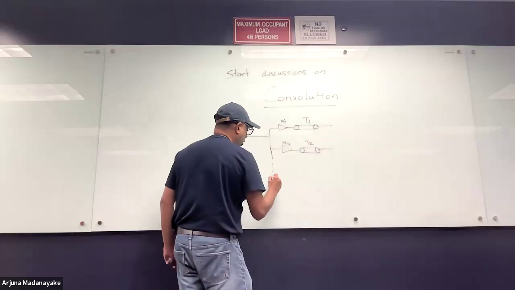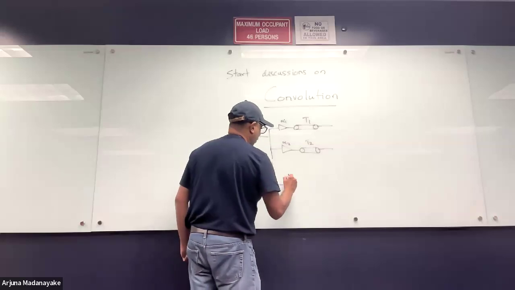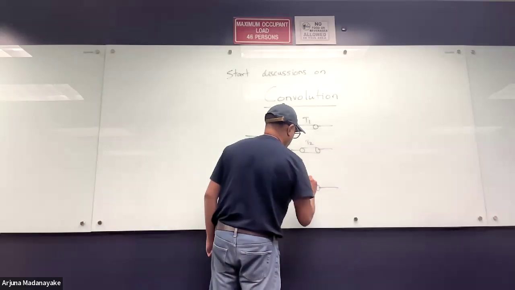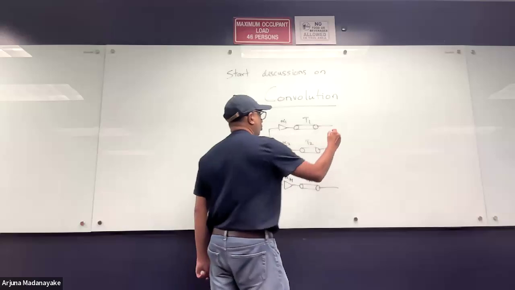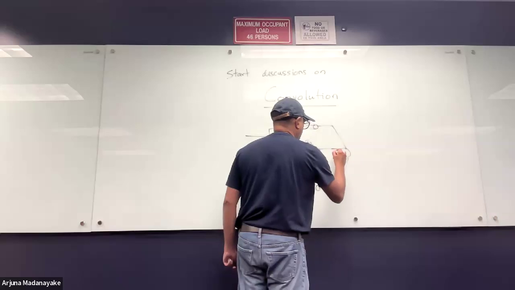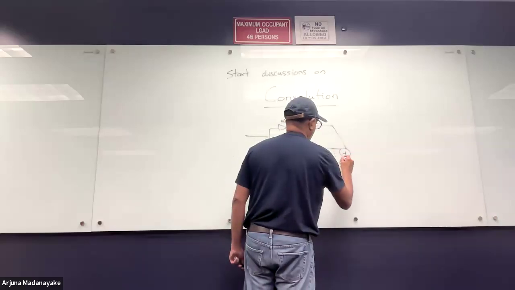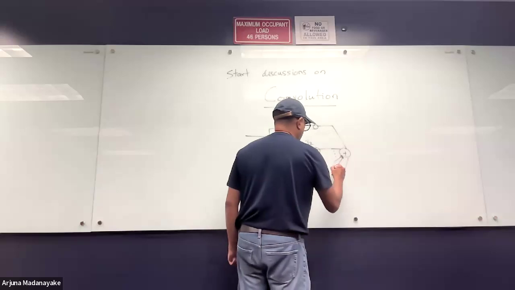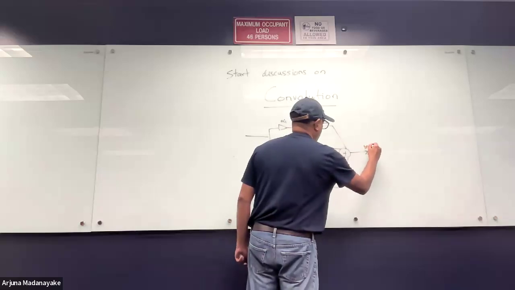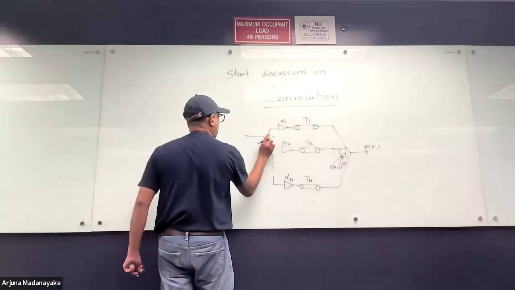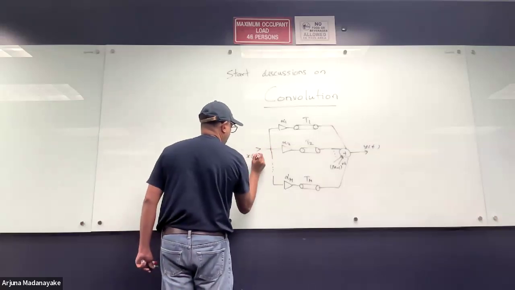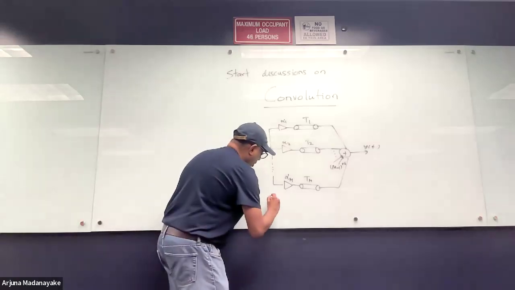And so on and so forth. It has m branches, alpha m, delay Tm. All the branches are summed up. And this is my output y of t. So this is an m branch system.